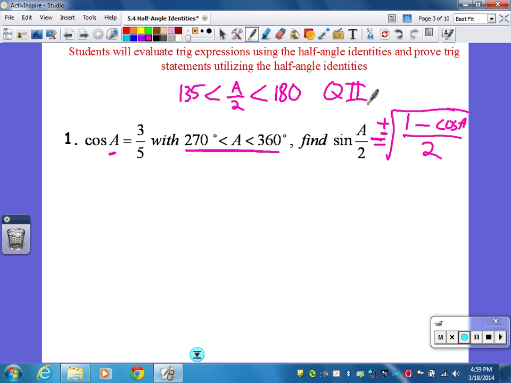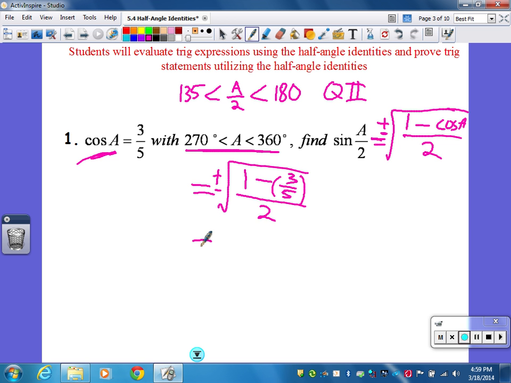So we're going to evaluate our equation. So we have 1 minus, don't forget the plus and minus, like forgetting your pants in the morning. This doesn't work very good. So 1 minus cosine A, which is 3/5, all over 2.